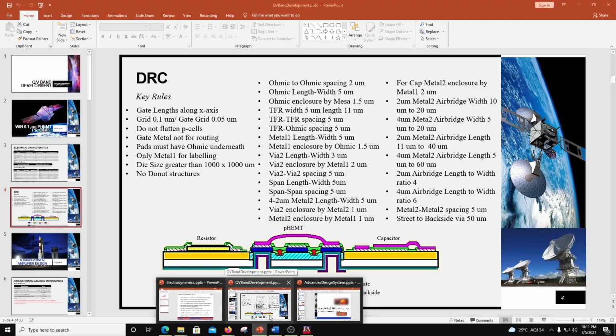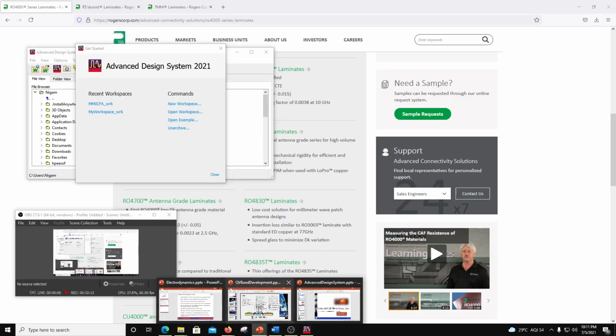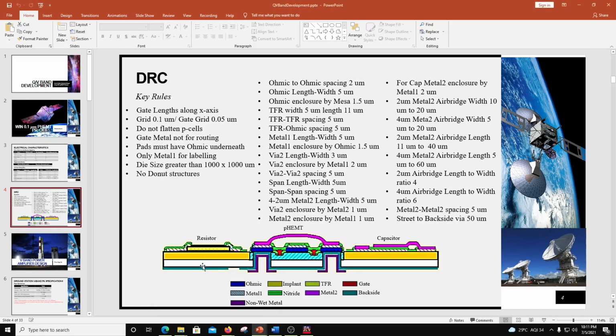Before I even start, that's why I'm trying to give you an application view of it. Momentum can be used not only for EM simulations for ICs. For example, over here, this is a gallium arsenide process, and this is a two metal process, metal 1 and metal 2, and you can see there is a MIM capacitor, there is a p-HEMT here with the air bridge, right?